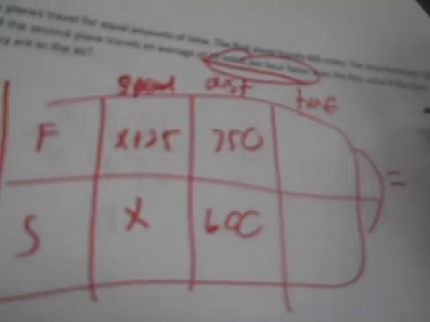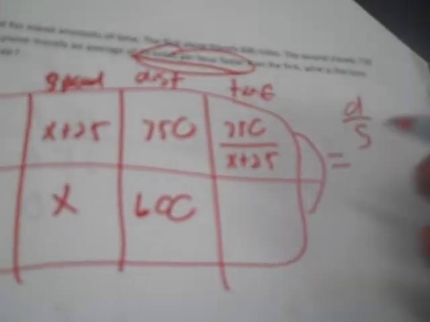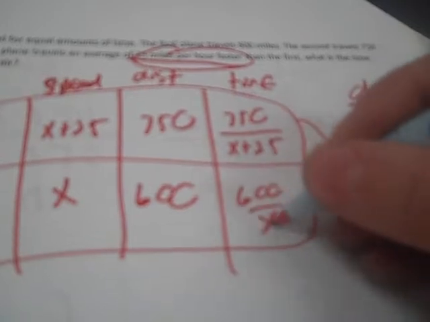Okay, now time. Time, I don't know. I know that they travel for equal times, and I know time can be written as a ratio of distance divided by speed. Okay? So the distance 750, and then x plus 25. The distance here is 600 over x.